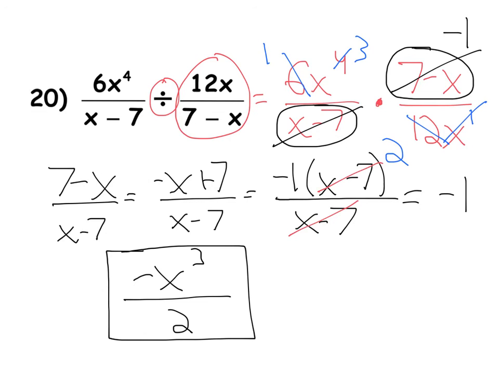Last tricky thing here, 7 minus x over x minus 7. Anytime you're dividing opposites, you get negative 1. And so we put that up right there. And I think that should about do it for this quiz review.